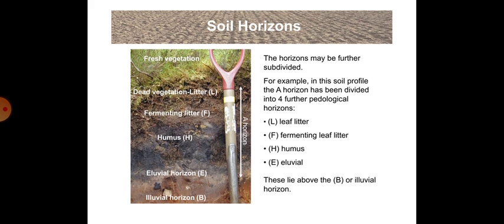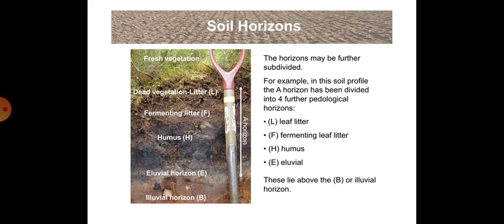So first we'll talk about soil horizons. The horizons may be further subdivided. For example, in this soil profile, the A horizon has been divided into 4 further pedological horizons: leaf litter, fermenting leaf litter, humus, alluvial.